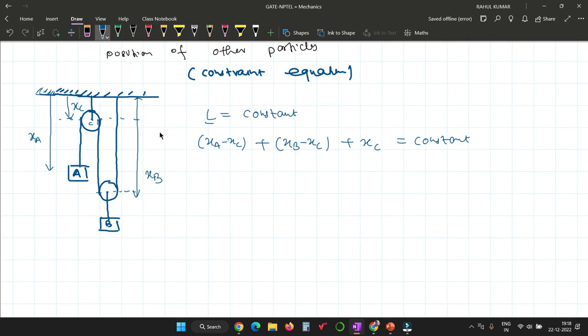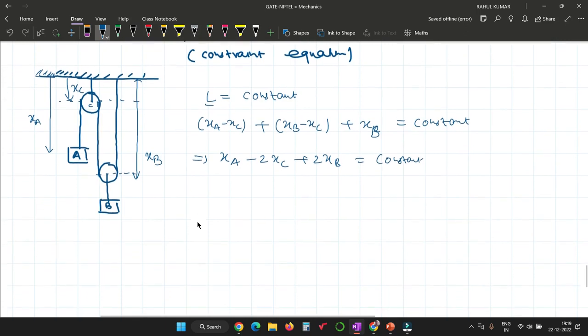The length of this string is XA minus XC, this is XB minus XC, and this is XB, not XC. So that is XA minus 2 times XC plus 2 times XB equal to constant, right?